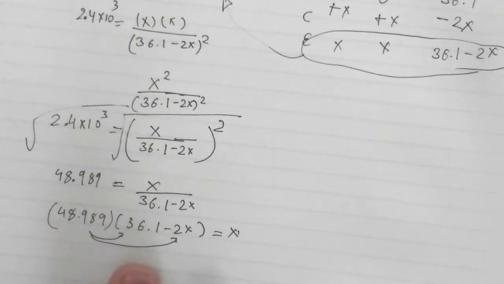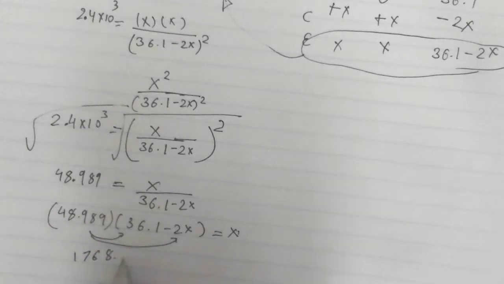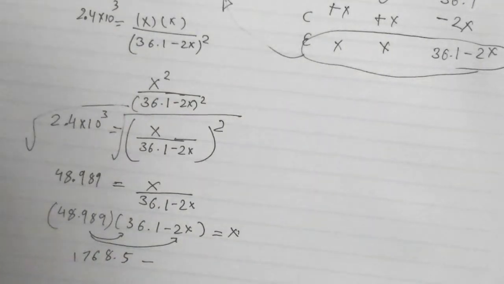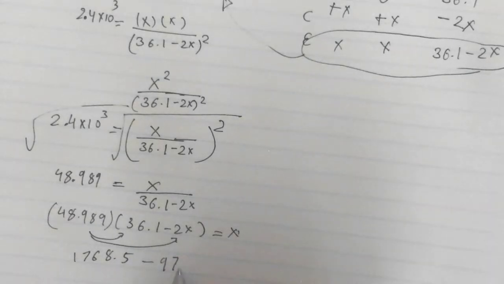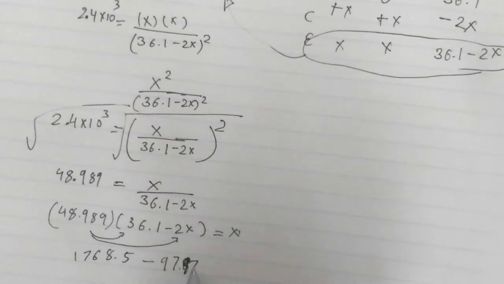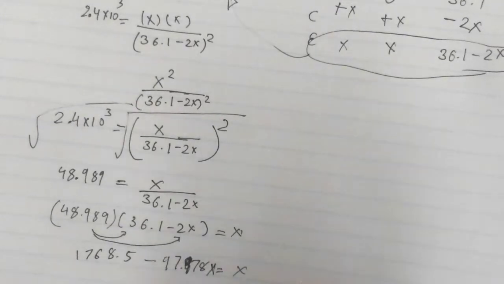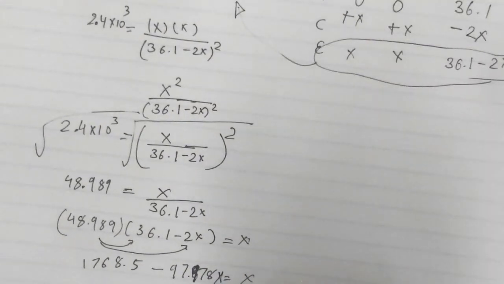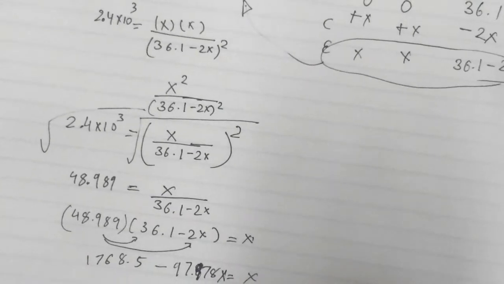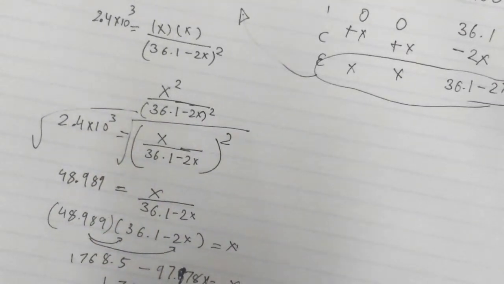Once you get your x, I'm gonna quickly do this. 36.1 times it gives 1768.5, I'm just gonna round it. Then 97.978x, don't forget that x, plus that to this side, so 98.978x equals 1768.5.